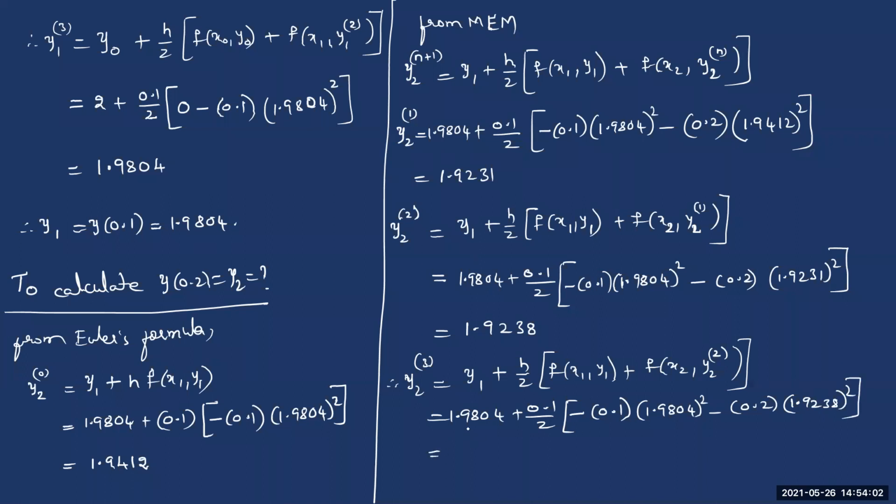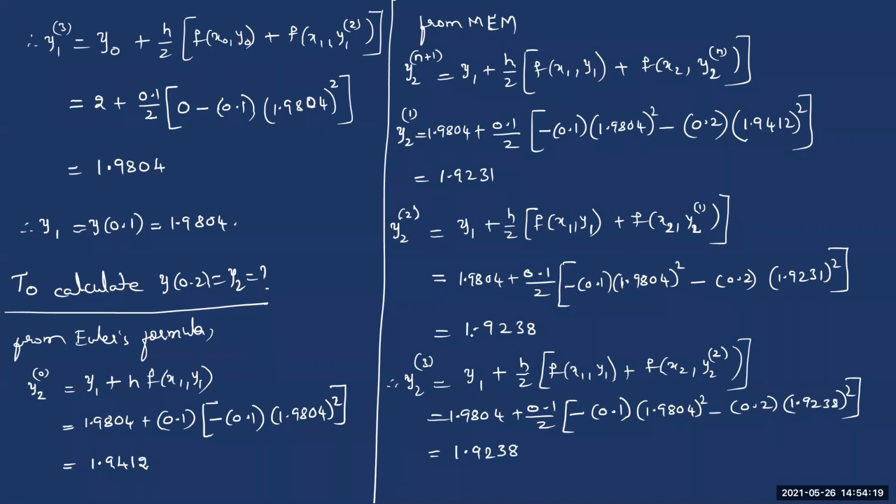And then see how much you'll get here. I'm just substituting the latest value. So luckily, here also we got 1.92378, so I'm rounding this off. So it is also 1.9238.